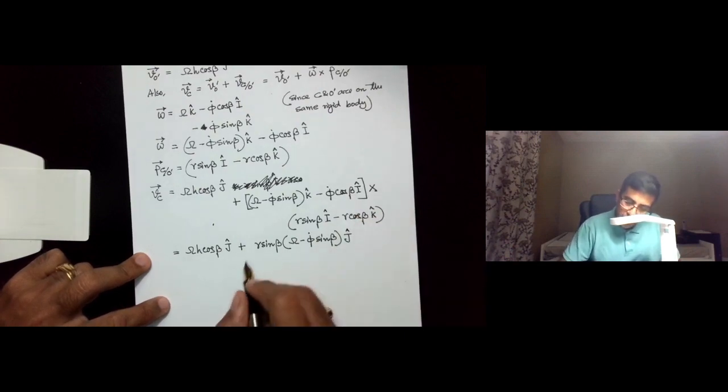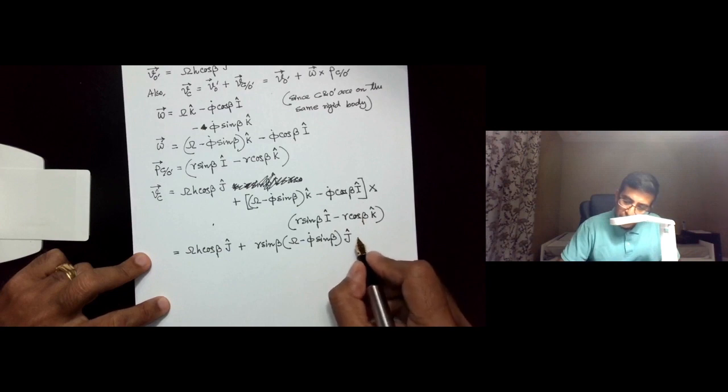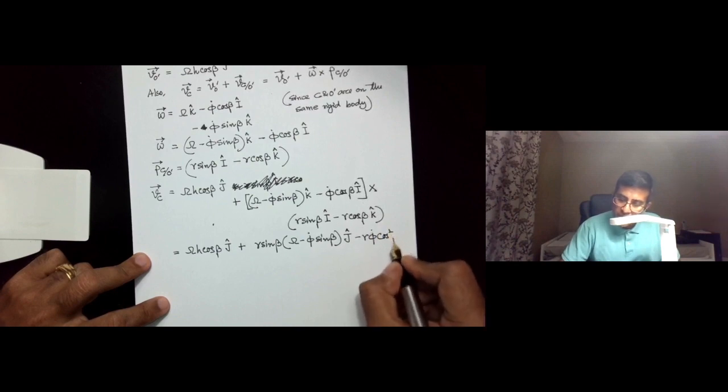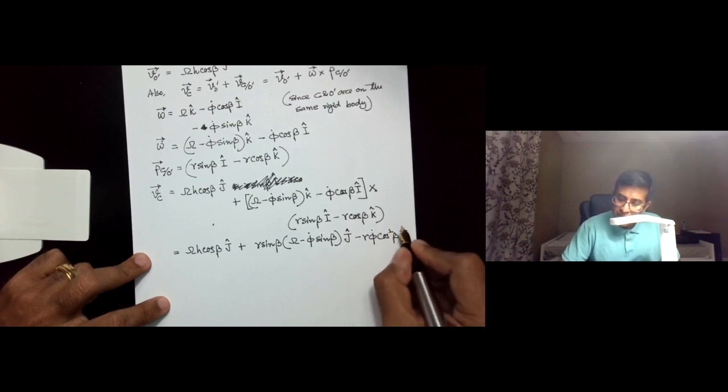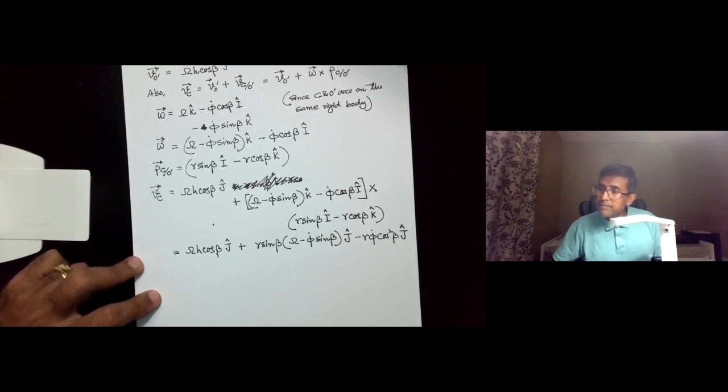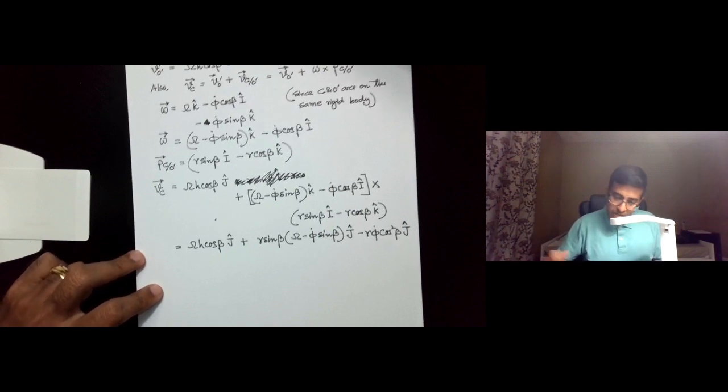So when we do the cross product, we will have minus r phi dot cosine squared beta j. Let me just check if I have the right expression. Yes, I do.